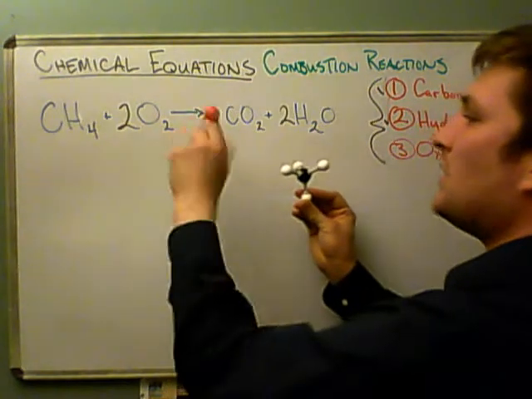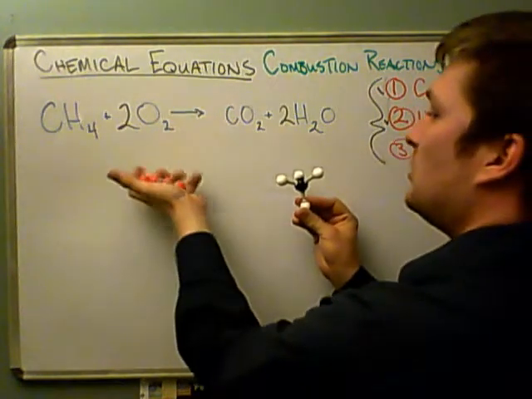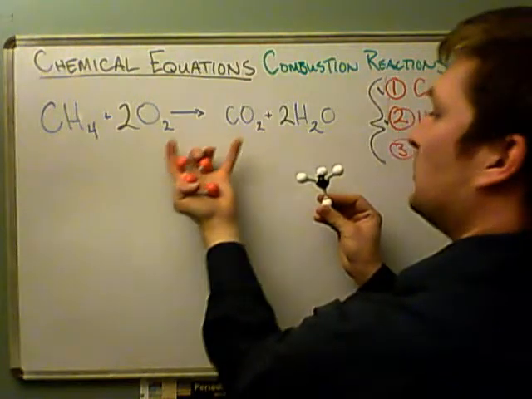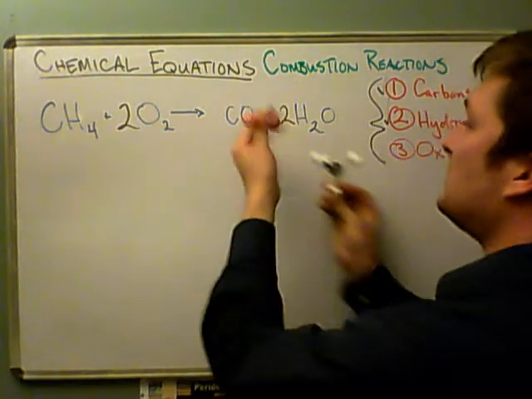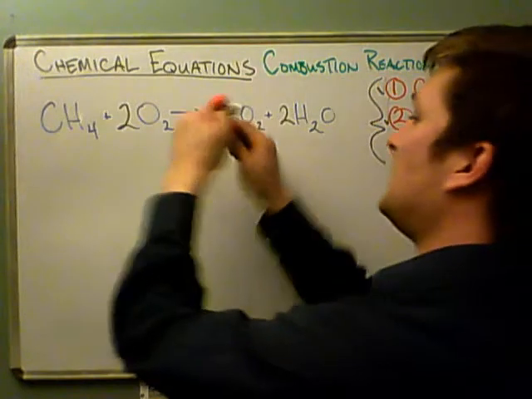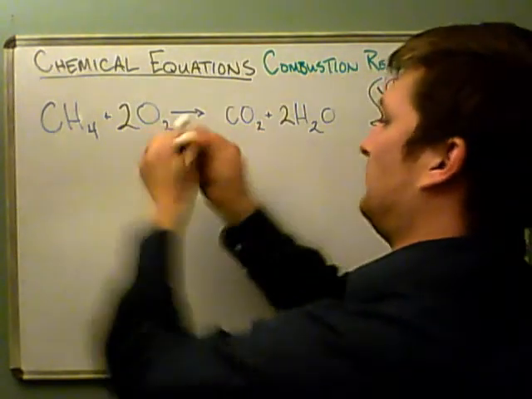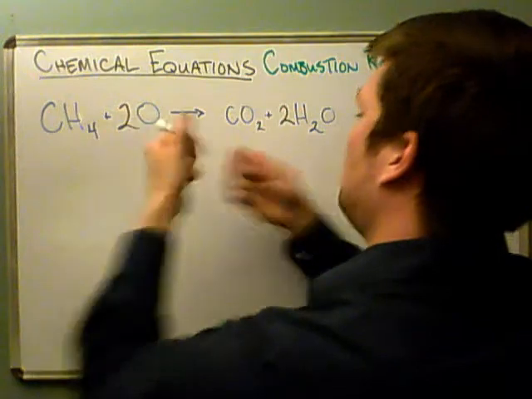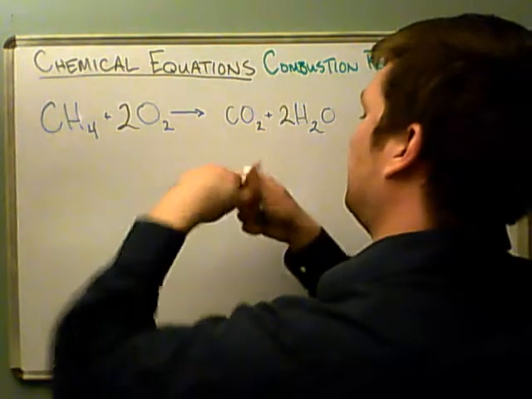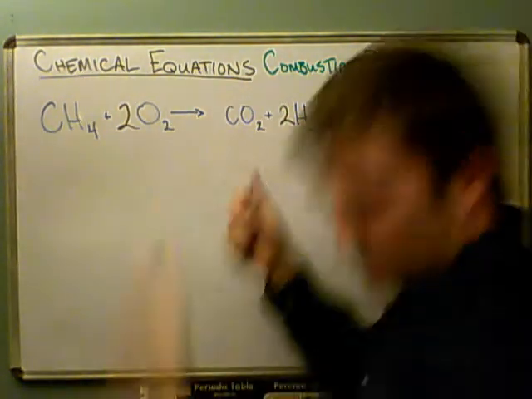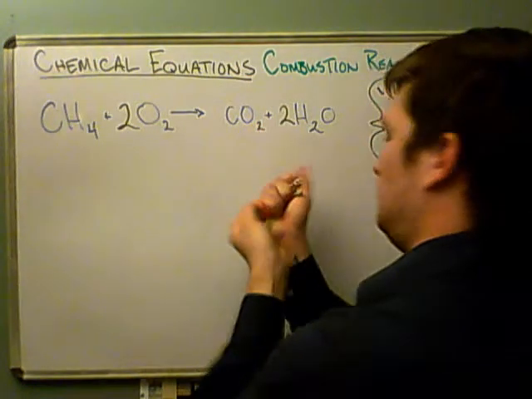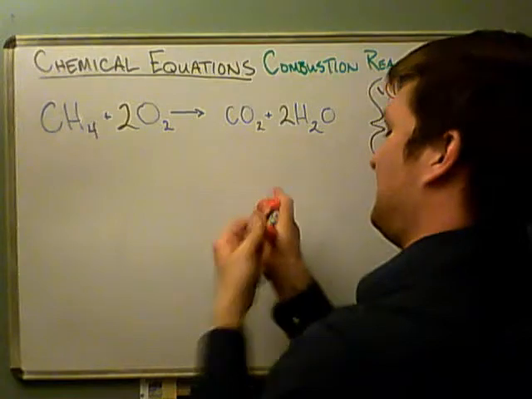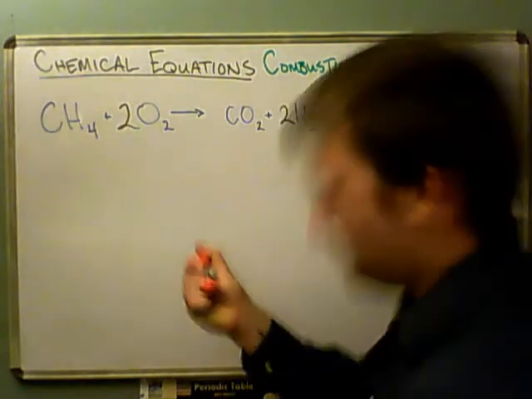So here we go, we have 2 O2 molecules. I'm going to take one of them and build these H2Os. So I'm going to take my methane and take off the hydrogens, all 4 of them. Here's my O2. Drop everything here. Here's my O2.